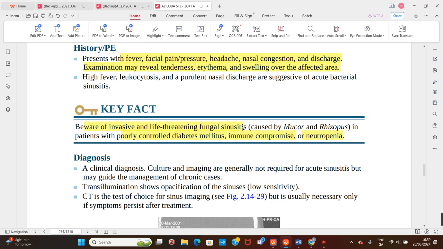And watch out for the fact that you are going to be seeing necrotic ulcers within that face. Very, very important. If you don't see that, I won't advise you to go for rhinocerebral mucormycosis or rhizopus or mucor-induced sinusitis. It will not likely be correct. Watch out for that necrotic lesions. Very, very high.